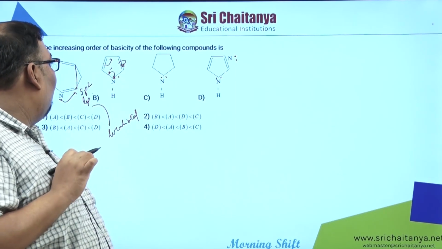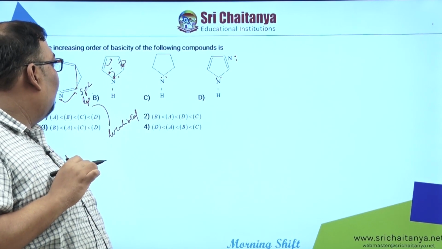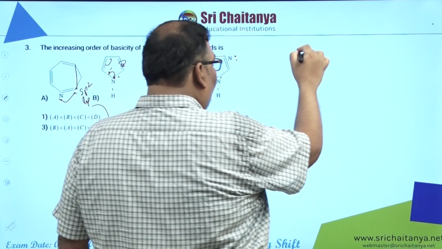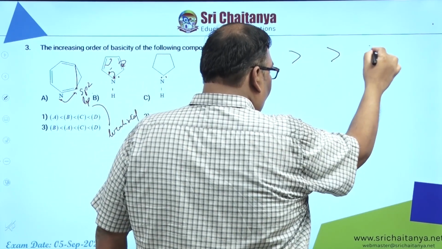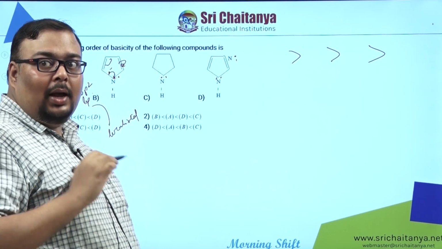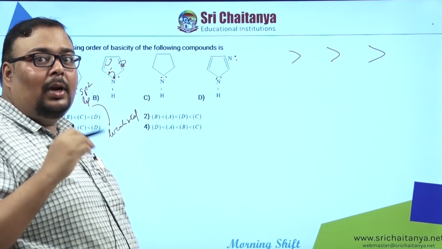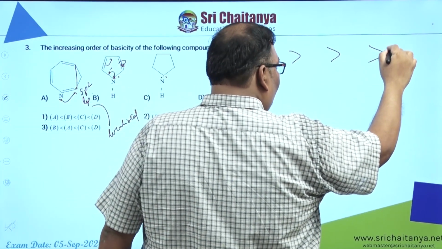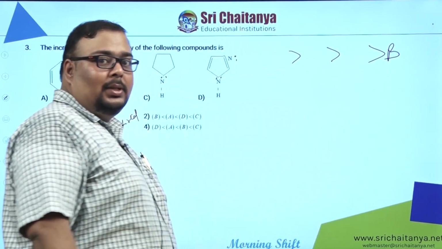So we can easily say that B will be least basic. In case of B, there is an aromatic delocalization, so the lone pair will never be on the nitrogen atom. In that case, B will be having the least basicity.